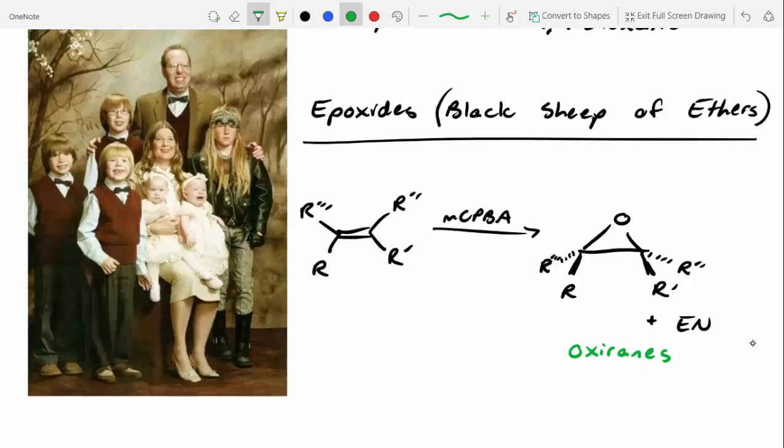So in this case, we're forcing a really unnatural bond angle, and because of that, these epoxides or oxiranes are quite reactive, and they're also synthetically useful because of that. We are going to skip epoxides for right now, but we're going to study this next week. So we'll put that on the back burner for right now.